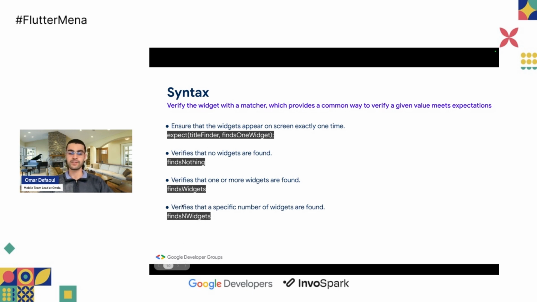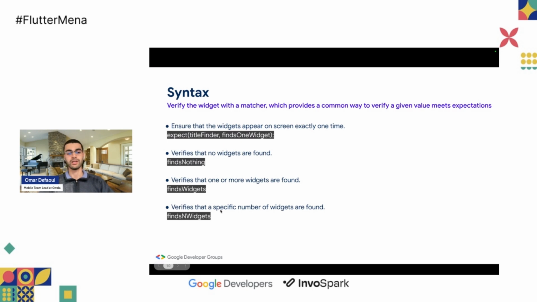The use case for this one is, for example, if we have a list view and we have a load more button. If by default we load only 10 items, of course, when we count the values, we should find 10 items, but after clicking on load more, we should find more than 10 items.